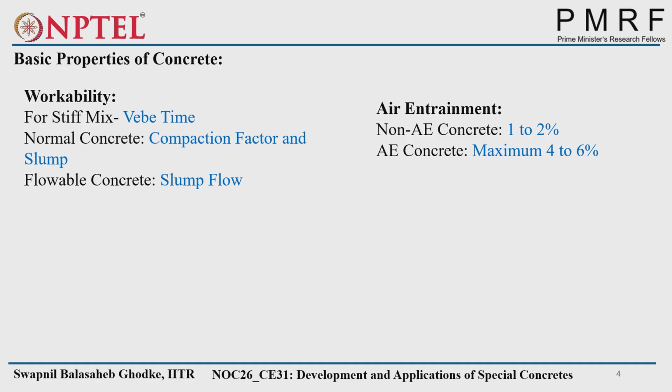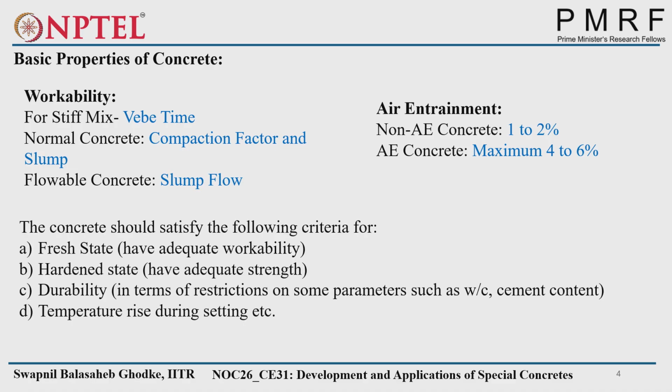But in the design of cold weather concreting, we consider a maximum of 4 to 6%. If you go beyond that, it will reduce the durability because of the increase in pores and interconnected pores. That's why the maximum is 4 to 6%.